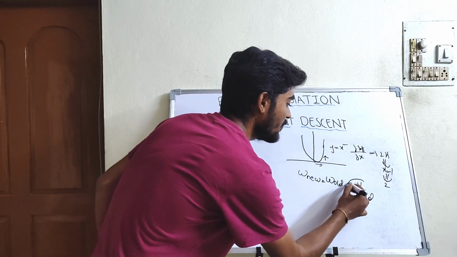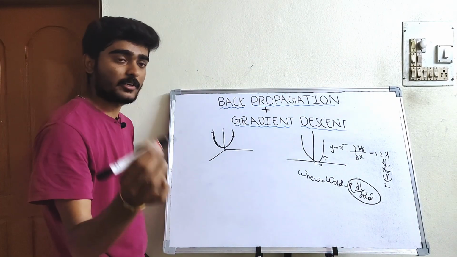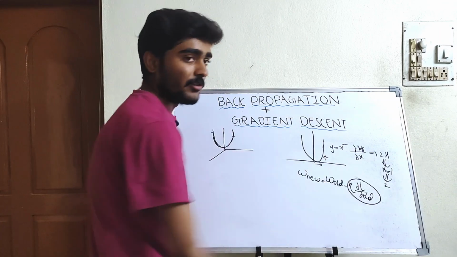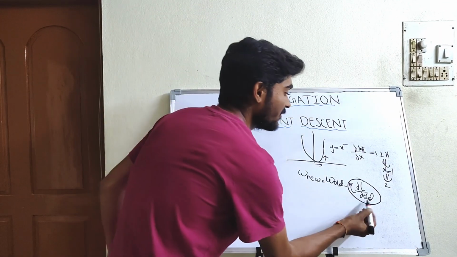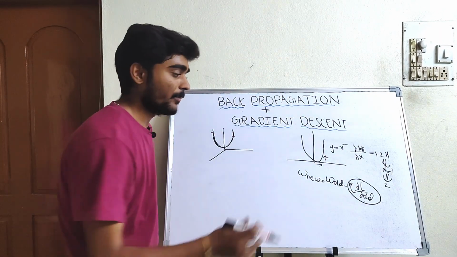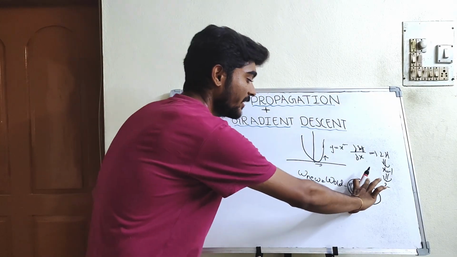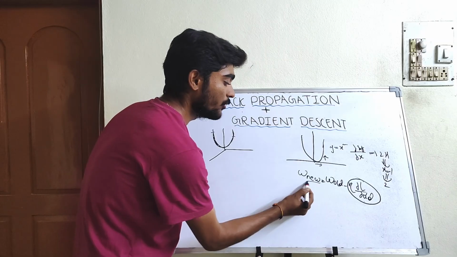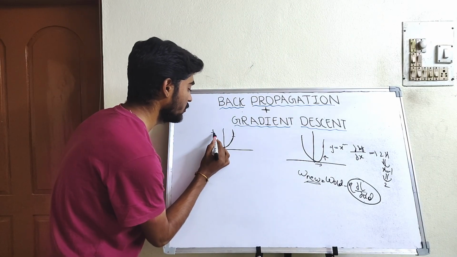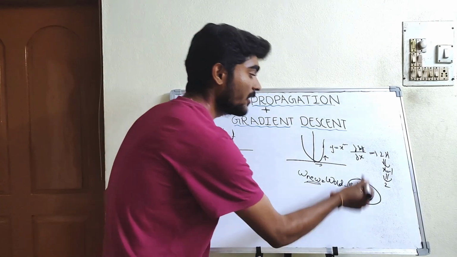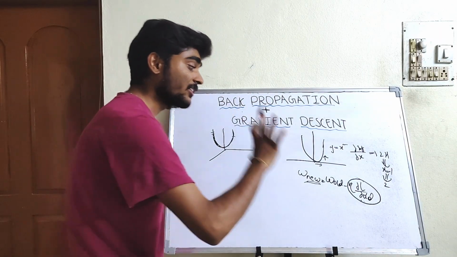What you are actually subtracting through our weight updation formula is this partial derivative value, that is the value of the gradient, to obtain this w new. To reach from this point to this point, you are subtracting the partial derivative value, which is nothing but the slope.